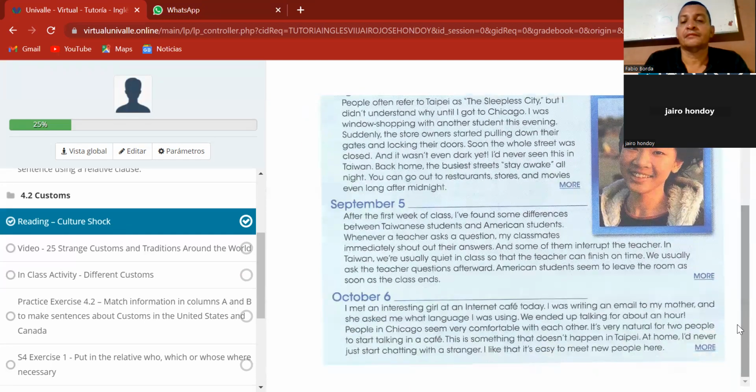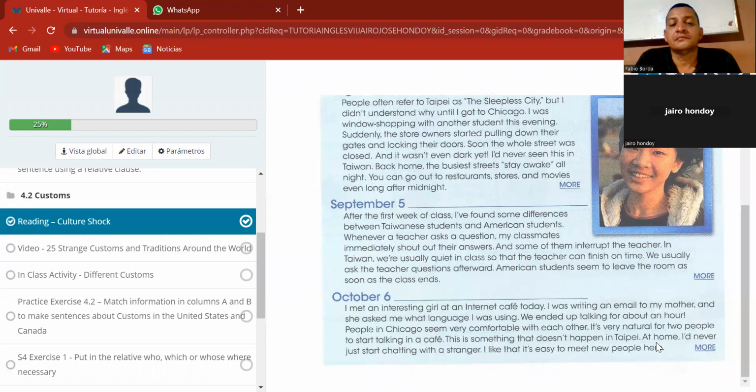After the first week of class, I have found some differences between Taiwanese students and American students. Whenever a teacher asks a question, my classmates immediately shout out their answers, and some of them interrupt the teacher.